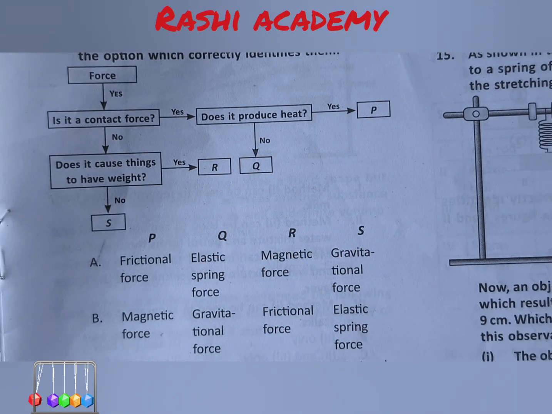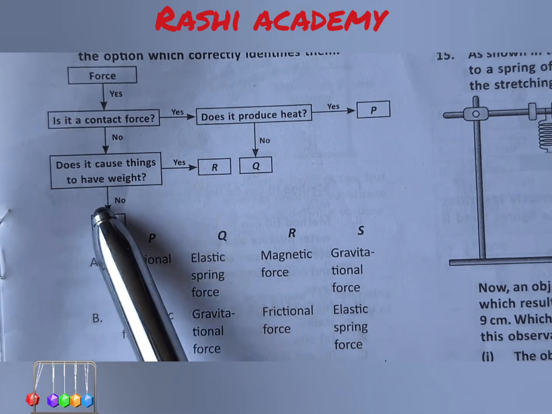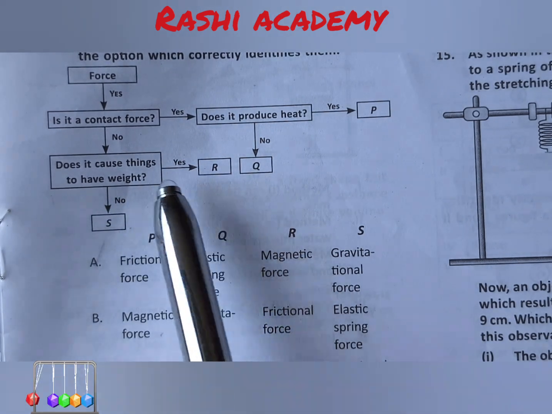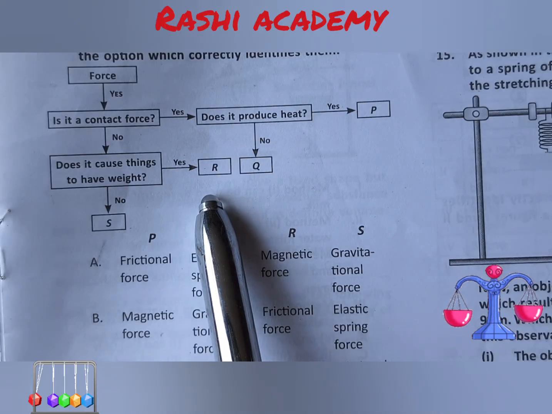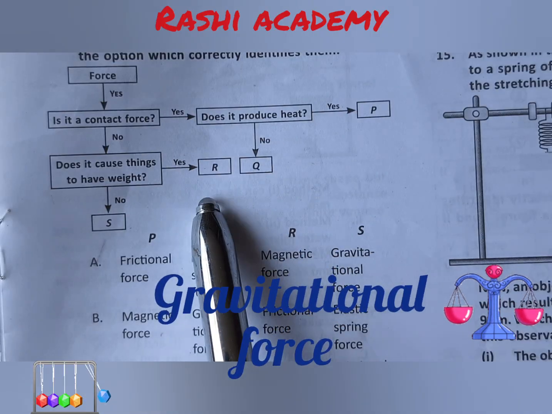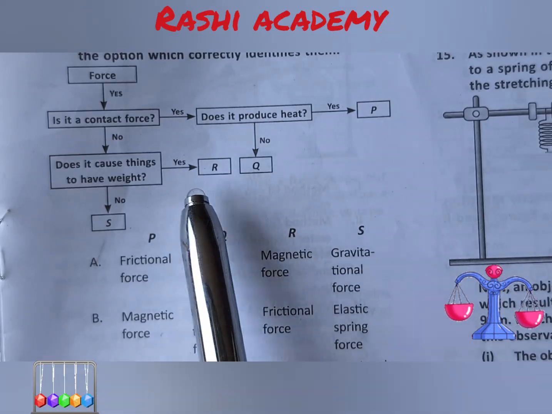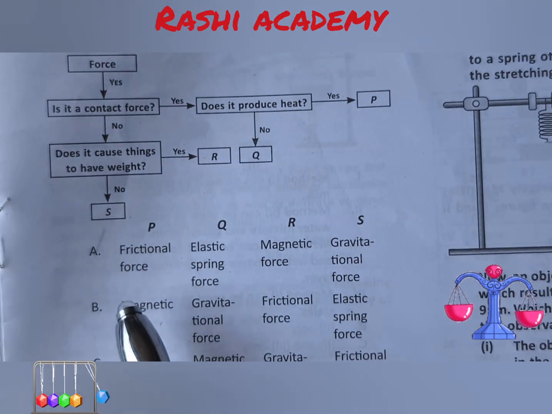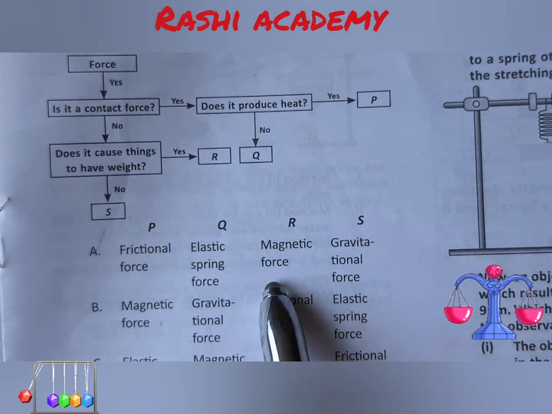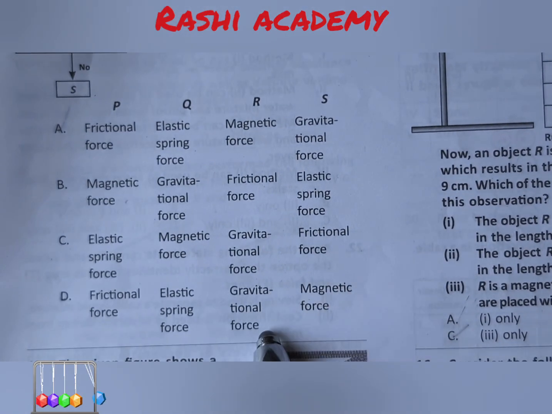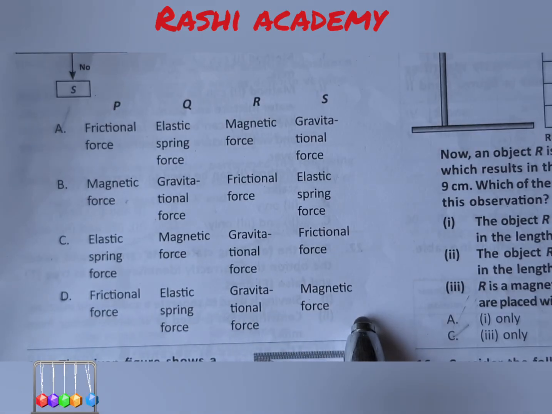Now, does it cause things to have weight? Yes, so this type of force is called gravitational force. So our option R means gravitational force. In option A, R is written as magnetic force. That is incorrect, which means gravitational force is correct, so option D is correct.